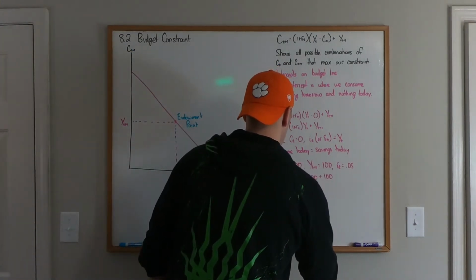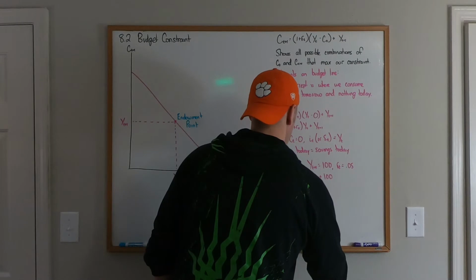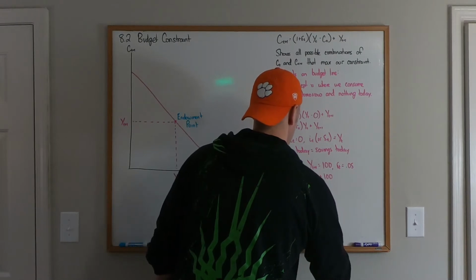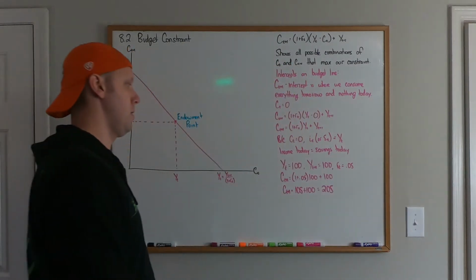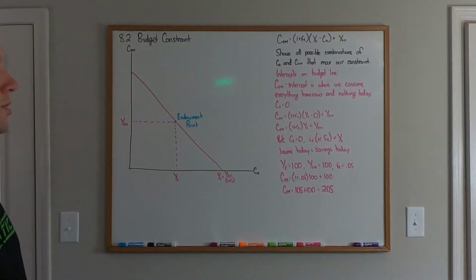So CT plus 1 equals 105 plus 100 equals 205. So if this is dollars, then my future consumption, if I consume everything tomorrow and nothing today, is $205.